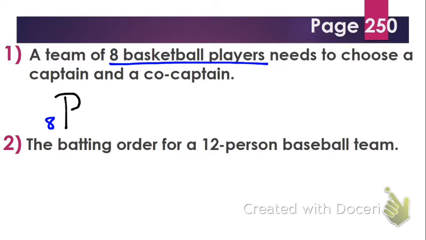So after you type in the 8 on your calculator, I need you to push the PRB button and choose the nPr. You should see that pop up on the screen right next to the 8, right? Okay. How many out of that whole group of 8 are they going to choose? 2. So then you're going to type in a 2, and you're going to hit enter.